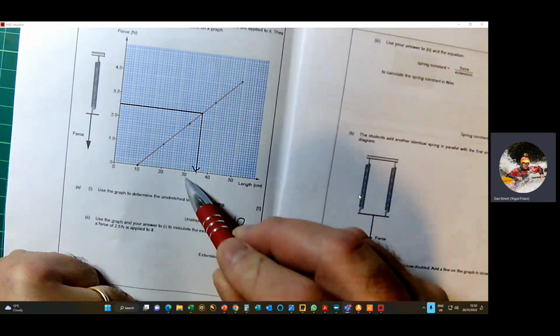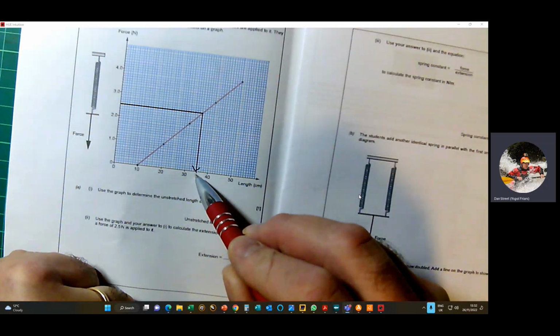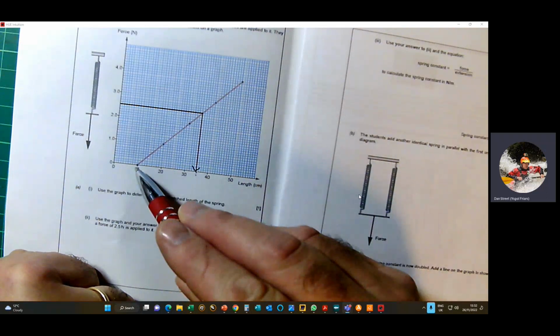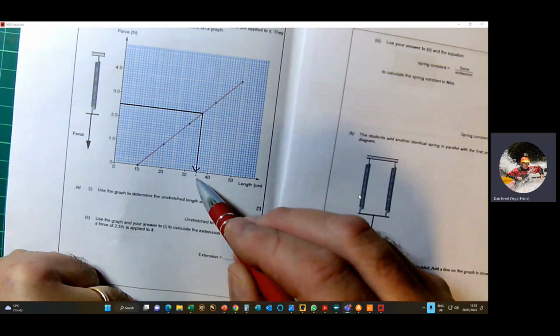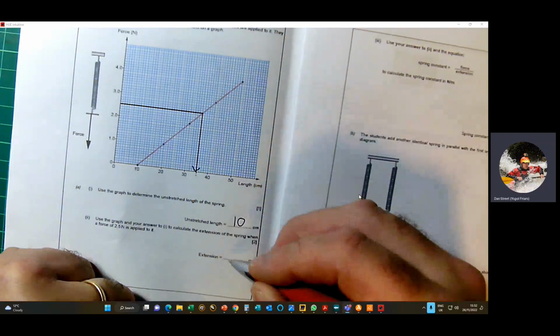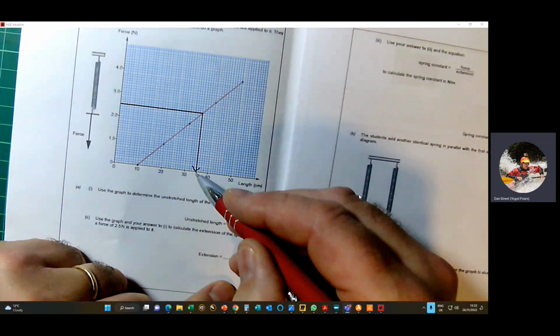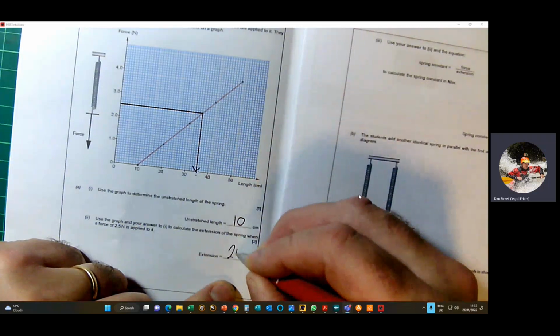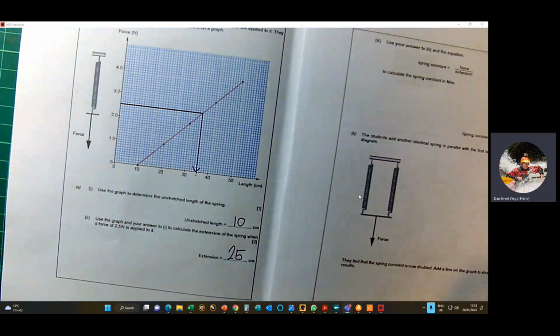So the total length is 35 centimeters, but we need to remove that 10 centimeters because we're looking for the extension, not the total length of the spring. So the extension is 35 take away 10, which is 25 centimeters.